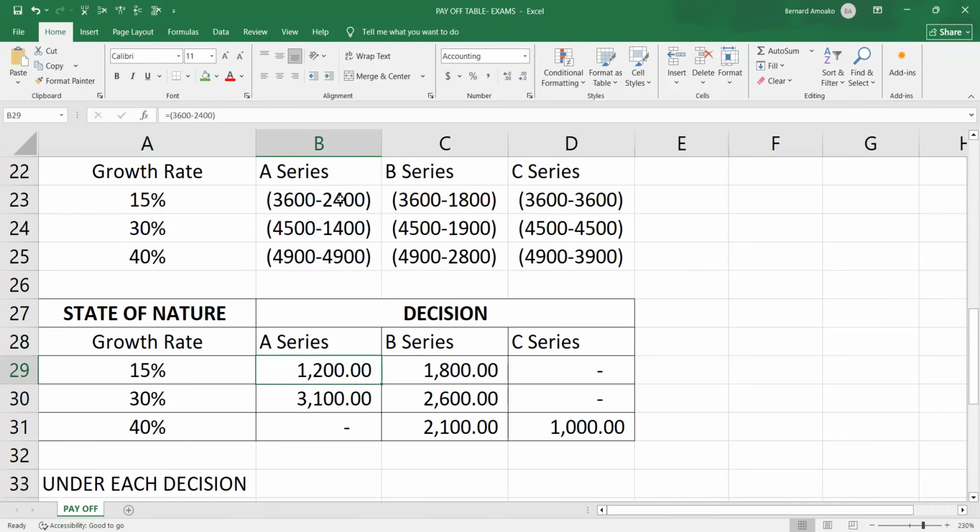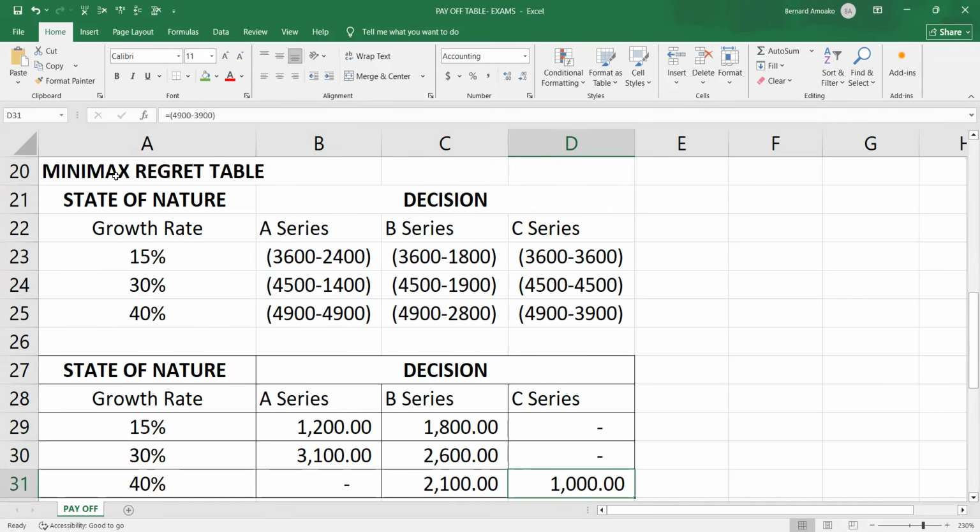The 1,200, because 3,600 minus 2,400, the 1,800, the 0. The 3,100, the 2,600, the 0. The 4,900 minus 4,900, which is a 0. The 4,900 minus the 2,800, which was 2,100. And then the 4,900 minus the 3,900, which is a 1,000. I've only drawn the regret table.